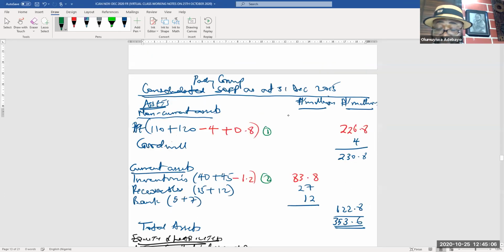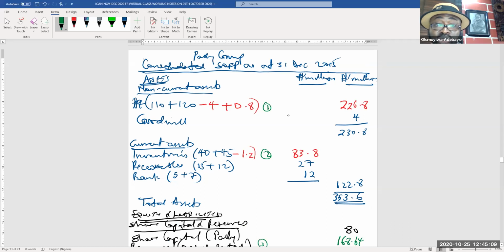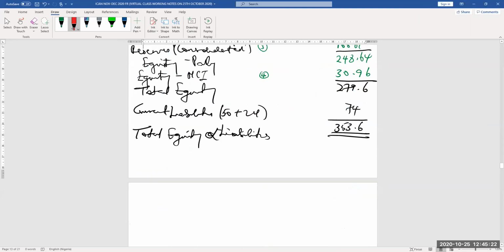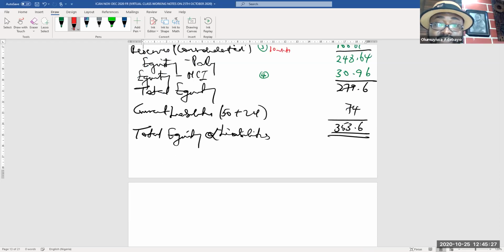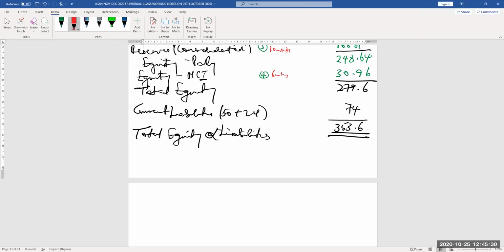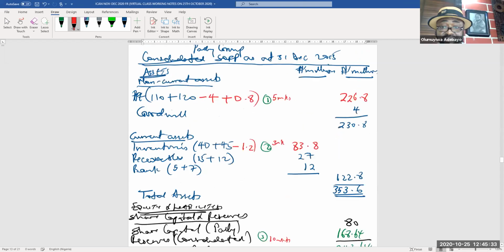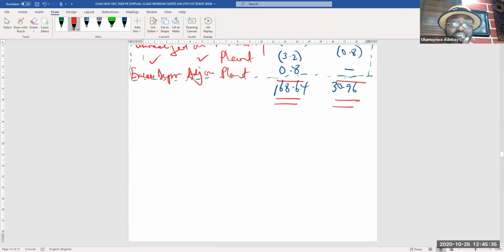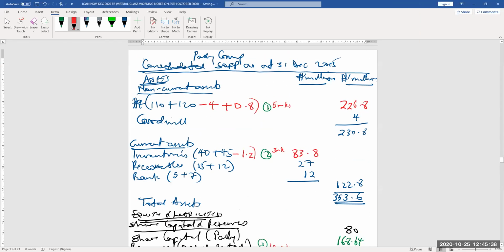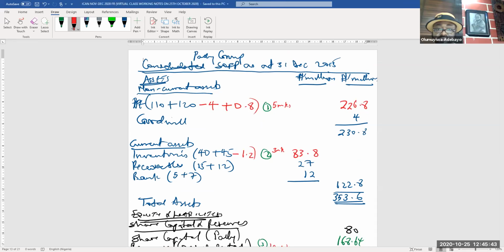If this is a 30-mark question, I can tell you that this alone can take like 5 marks. This can take like 3 marks. This can take like 10 marks. And this can take like 6 marks. Which means you need to be very careful about missing them. Does that make sense now? Any question? Any question?